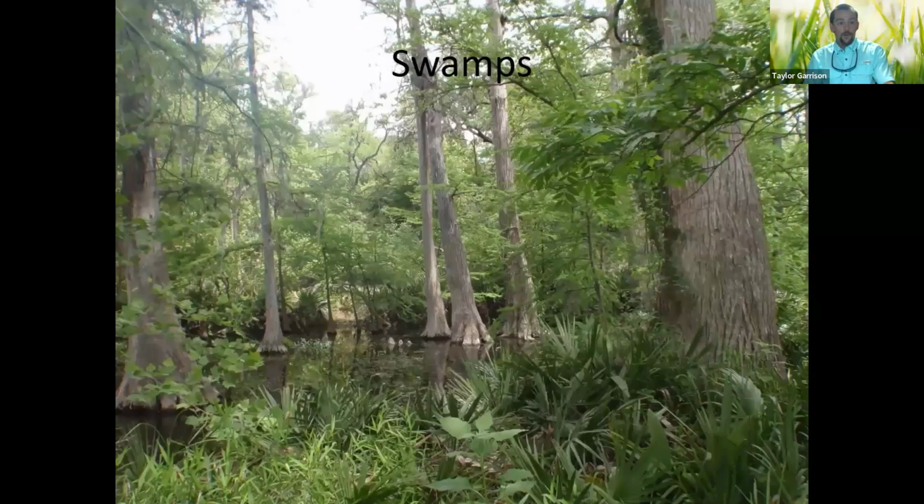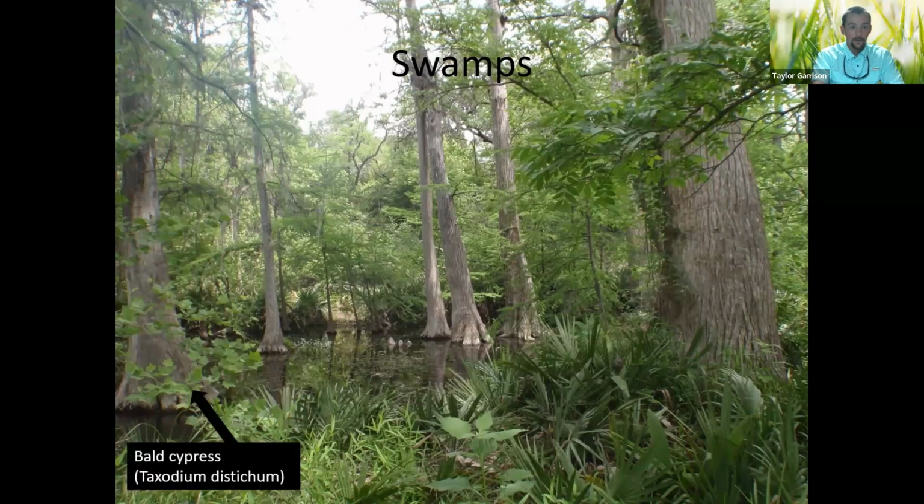So moving on to swamps. As I mentioned earlier, swamps are wetlands typically dominated by woody plants. These are usually associated with a stream, drainage, or river, and they can be treed or shrubby. In this example, this is a cypress swamp in the Edwards Plateau. It looks like an East Texas photo, but we do have these in the Hill Country as well.